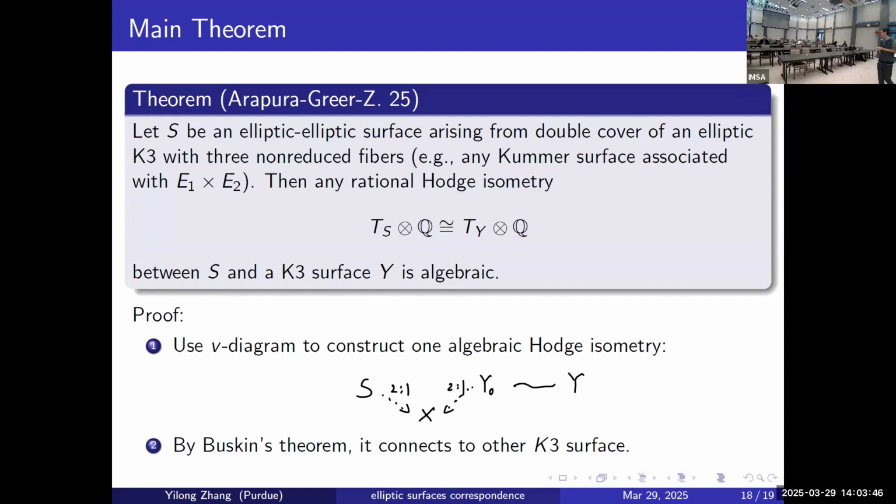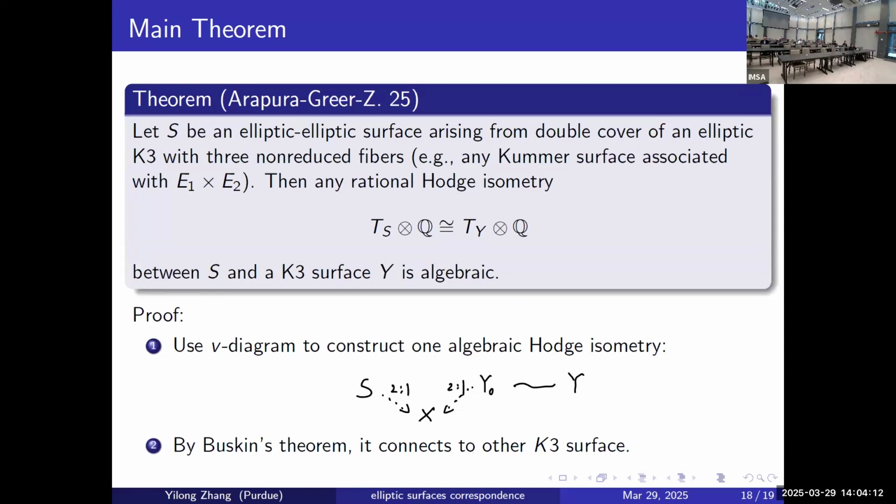And I'm considering this branch-out cover, and branch out these fibers and the very last fiber. So your base change is going to, you have this elliptic curve in this way.